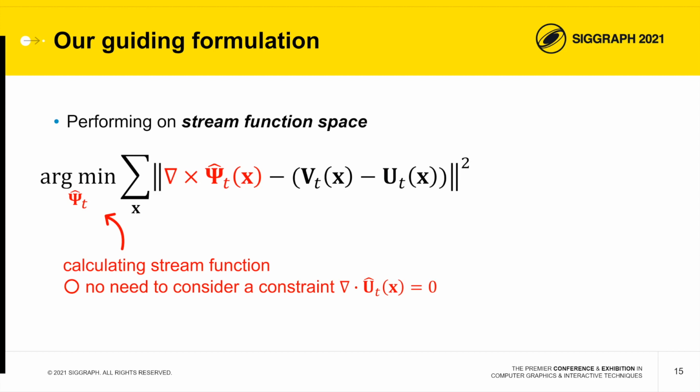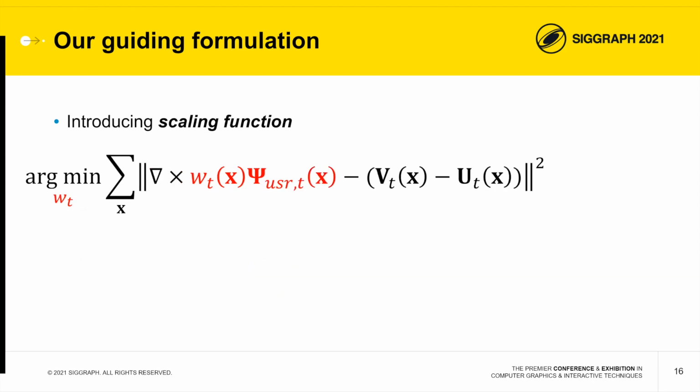So in order to reduce the problem size, we heuristically introduce a scaling function W here. The scaling function is a scalar function, and we use an existing, pre-computed stream function, this one. So we can reduce the problem size.